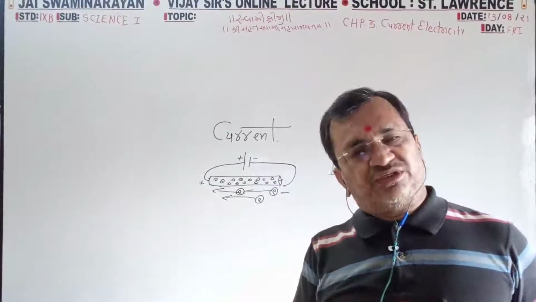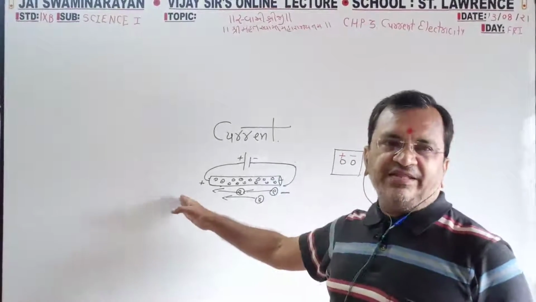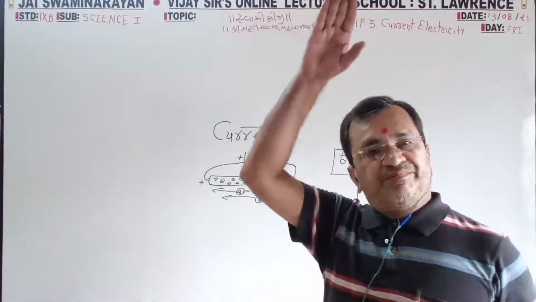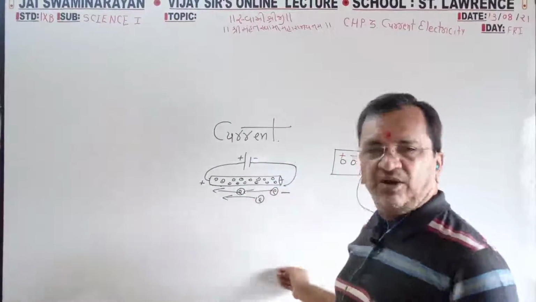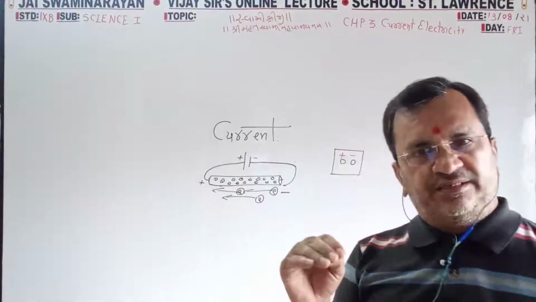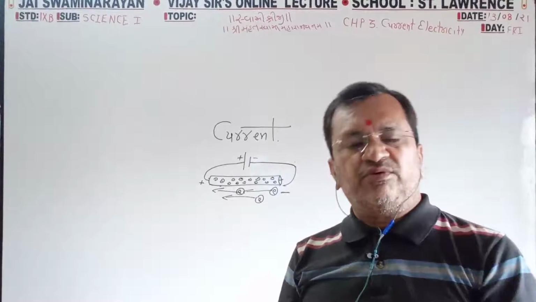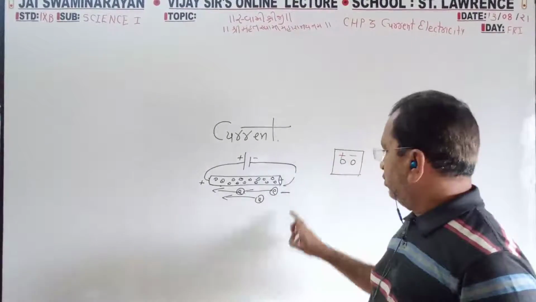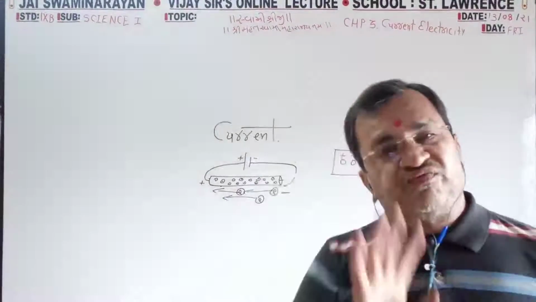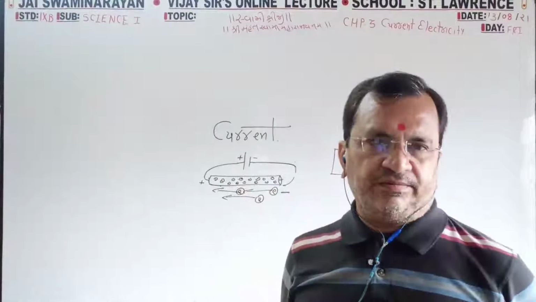When electrons flow, this potential is maintained at the higher level and that at the lower level, and as long as it is maintained up and down, electric current will pass. If you disconnect, no positive, no negative, no flow of electric current.